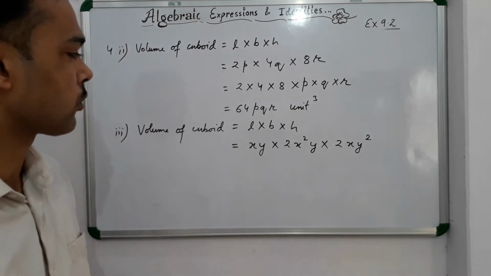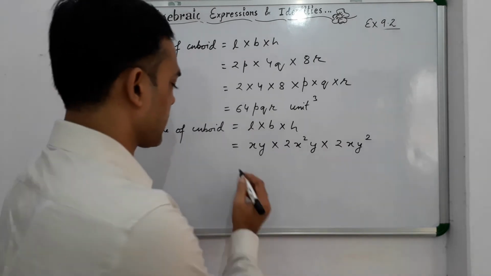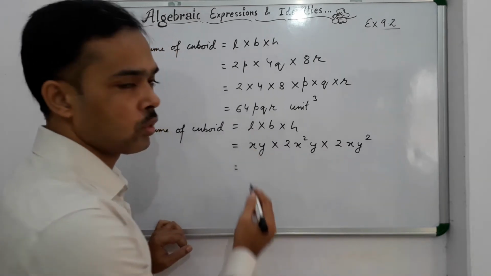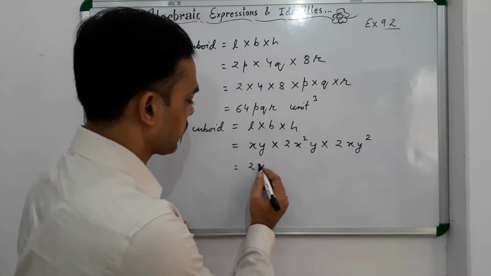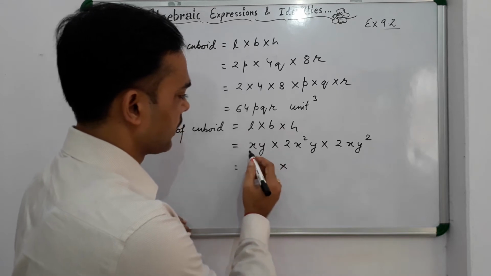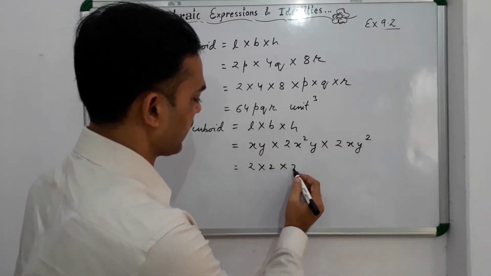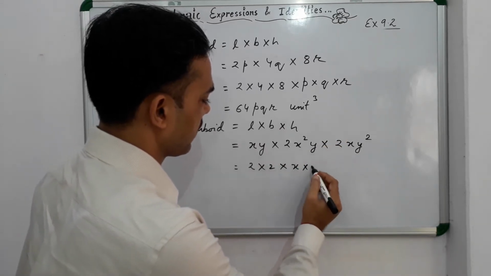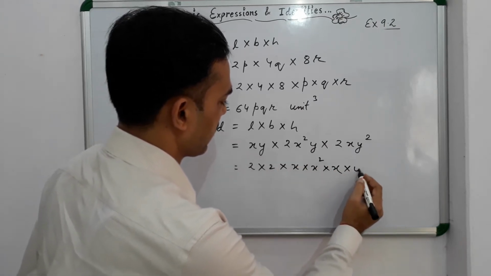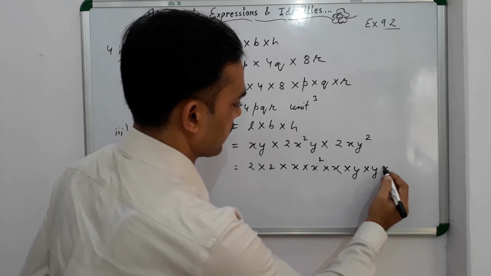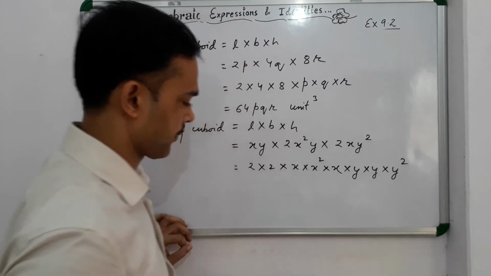Now first let us arrange them. There is no constant, meaning 1, then 2 into 2, then let's take all the x: x into x square into x, then y into y square.